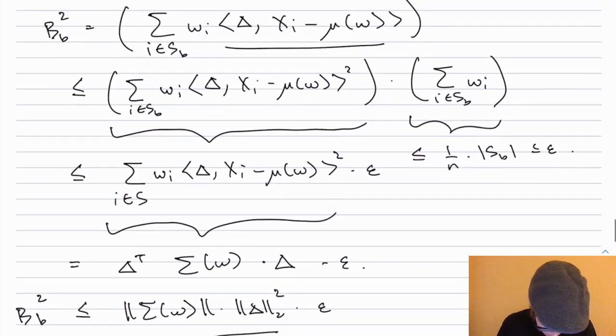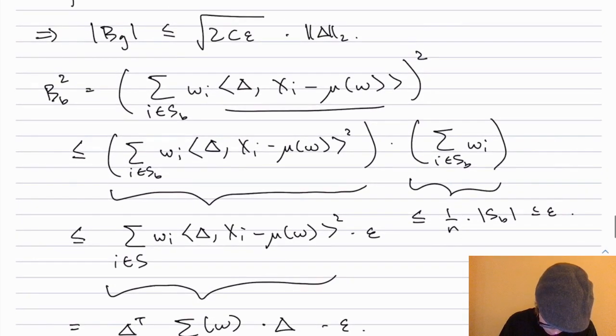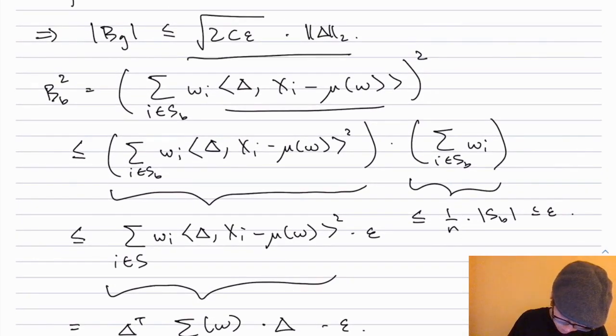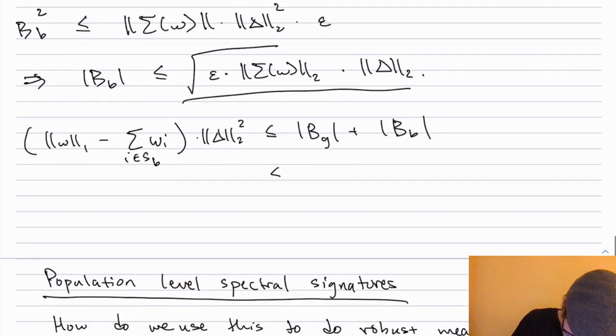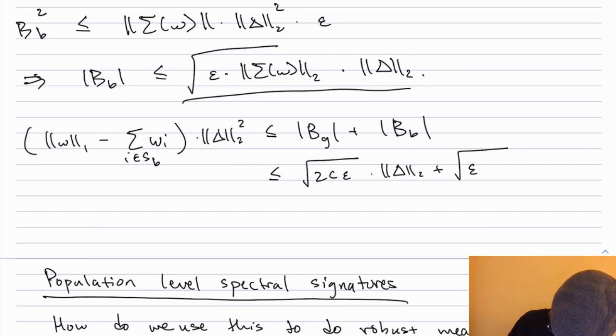And if you just substitute the bounds that we just obtained, this bound and this bound, what you get is that the right hand side is at most square root of 2C epsilon times delta L2 norm plus square root epsilon times spectral norm of sigma of W times L2 norm of delta.